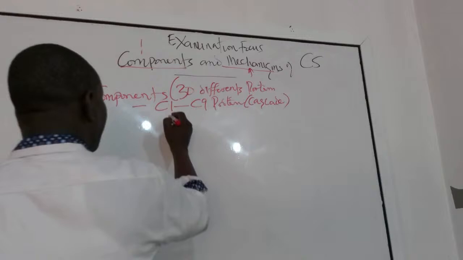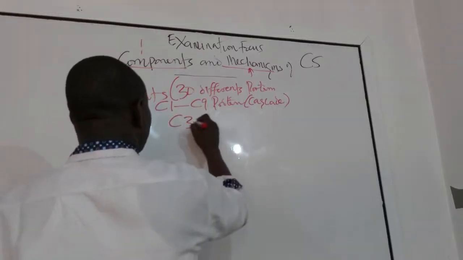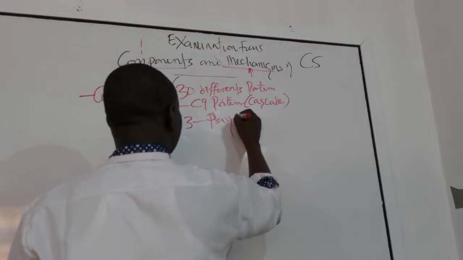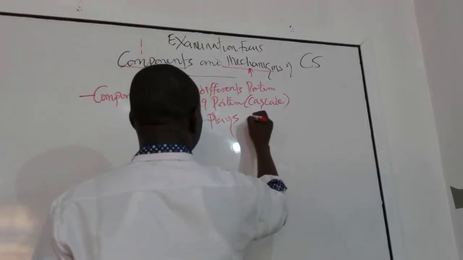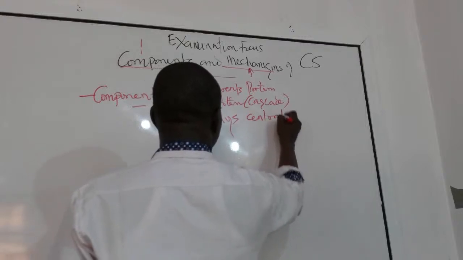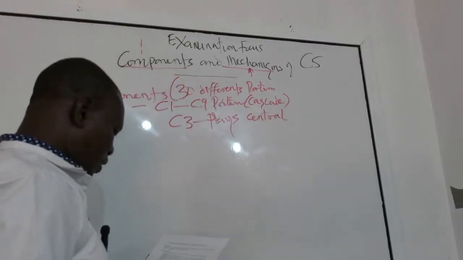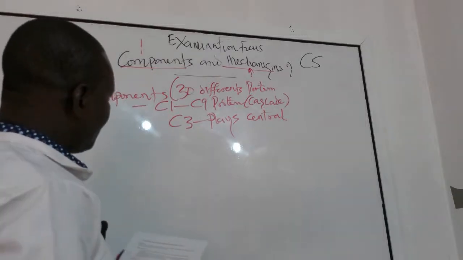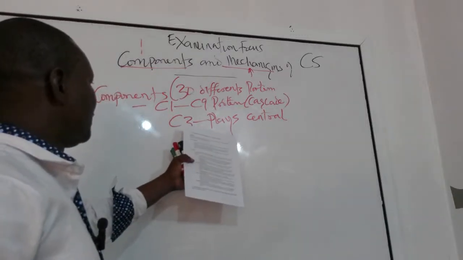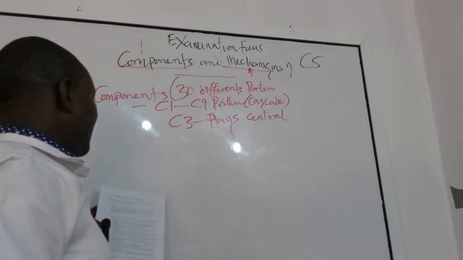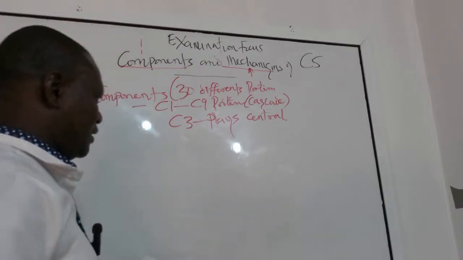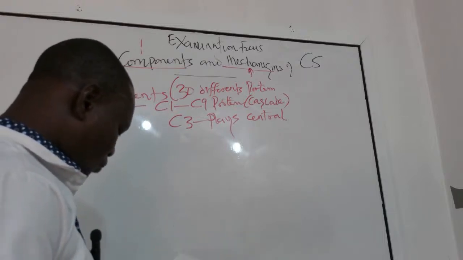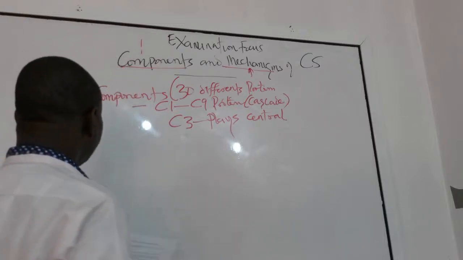Primarily, C3 plays a very vital, central role in the complement system, because it is this one that is further differentiated into C3a, C3b, and C3c. By the time you read more on the complement system, you'll be able to talk about that.